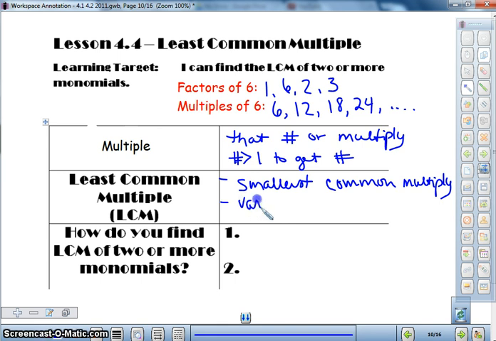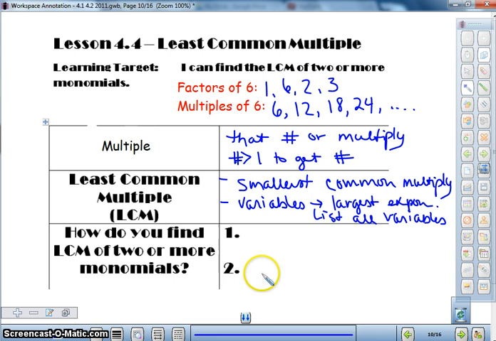When you have a monomial and you have variables, this time you're going to choose the largest exponent, and you want to make sure you list all variables. Even if the x is in only one of them, you want to list it. So if we are finding the least common multiple of 2 or more, first we want to factor our expression so we can see our factors.